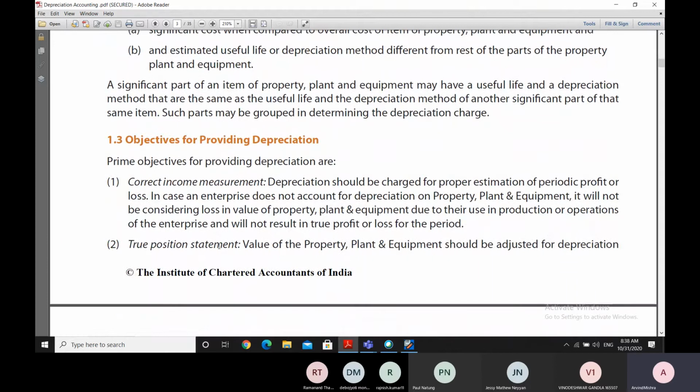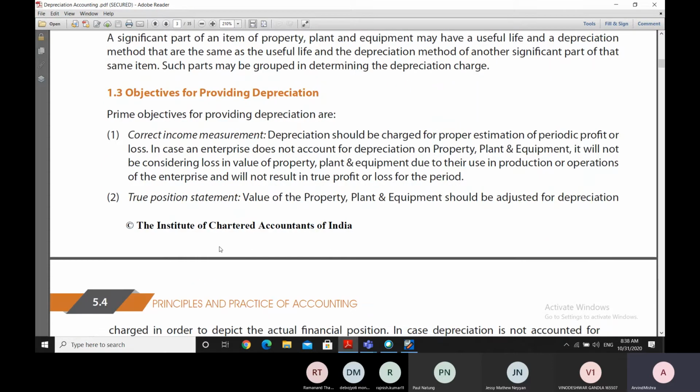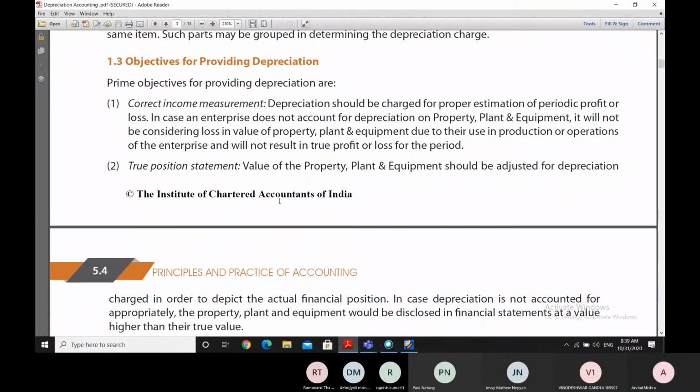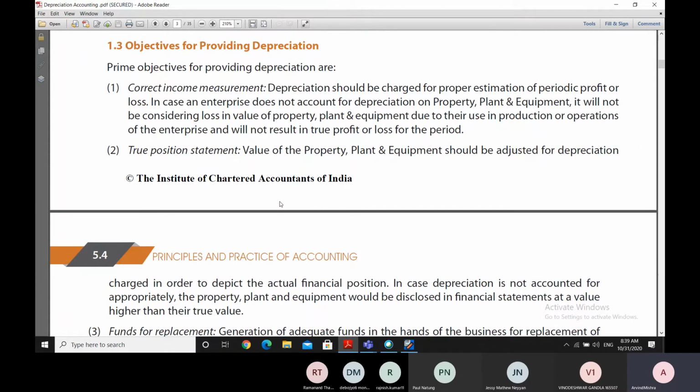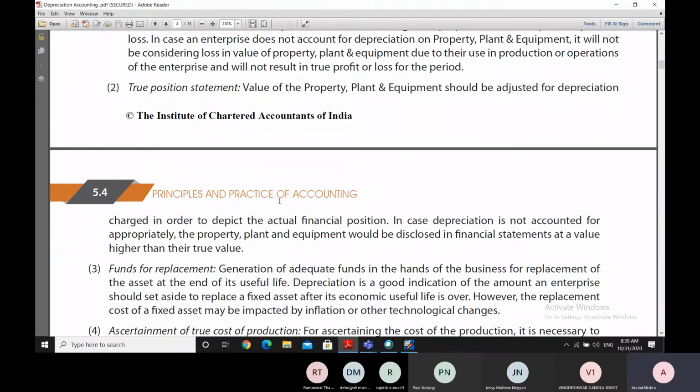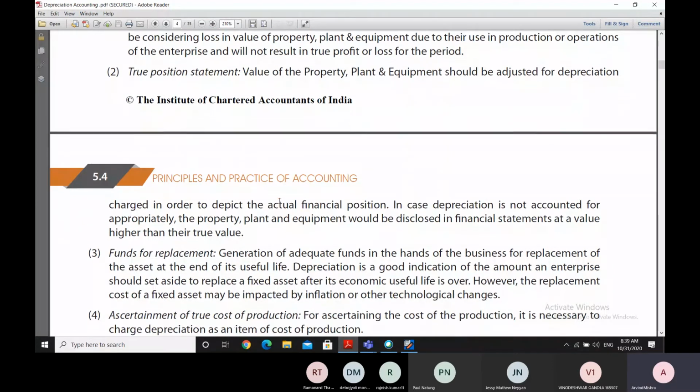Now let us see what are the objectives, based on our study so far, for providing depreciation. As we have already seen, depreciation is provided because we want to measure the income correctly. Secondly, we want to get to the true position statement of that particular business, and thirdly, we need funds for replacement of the assets.